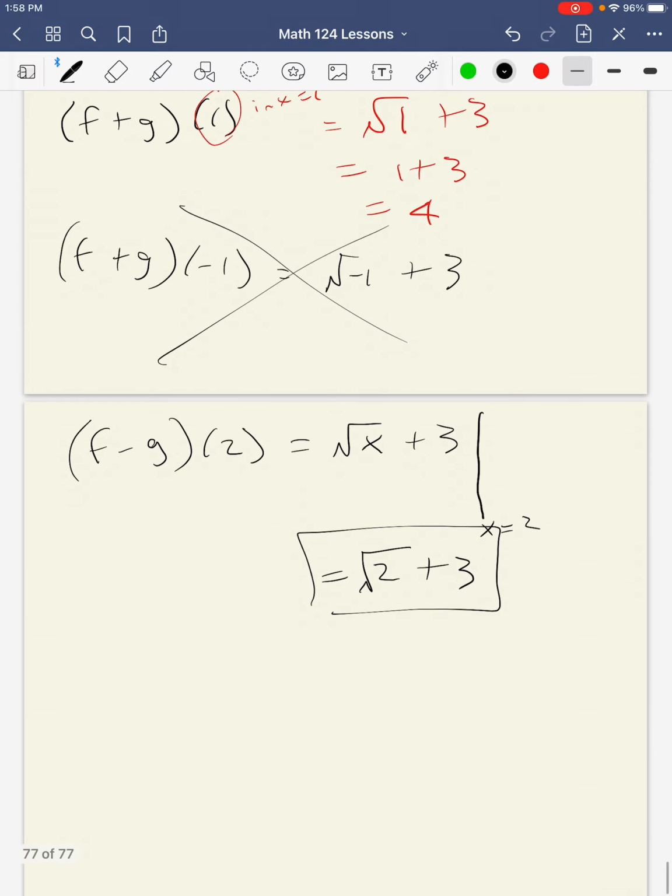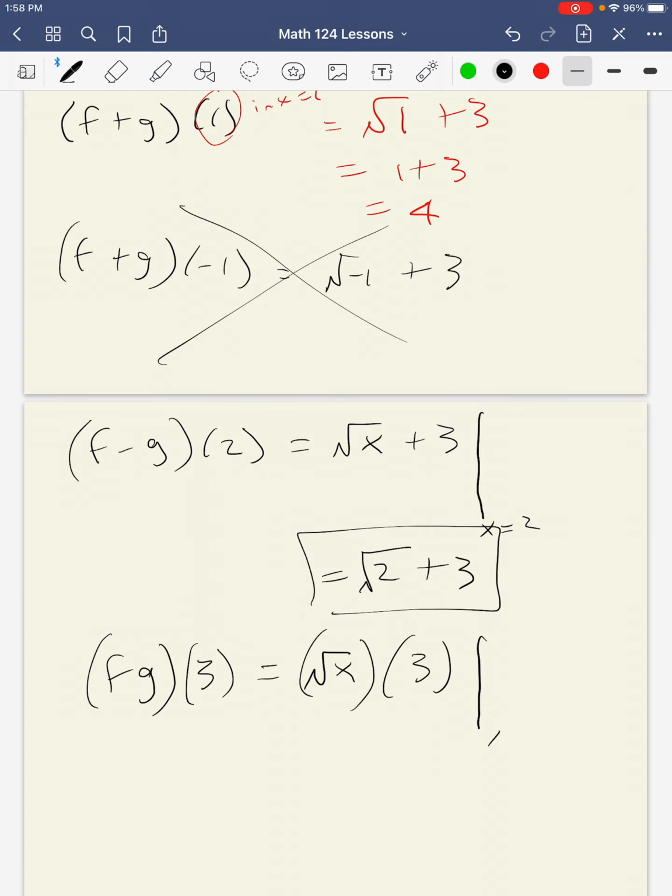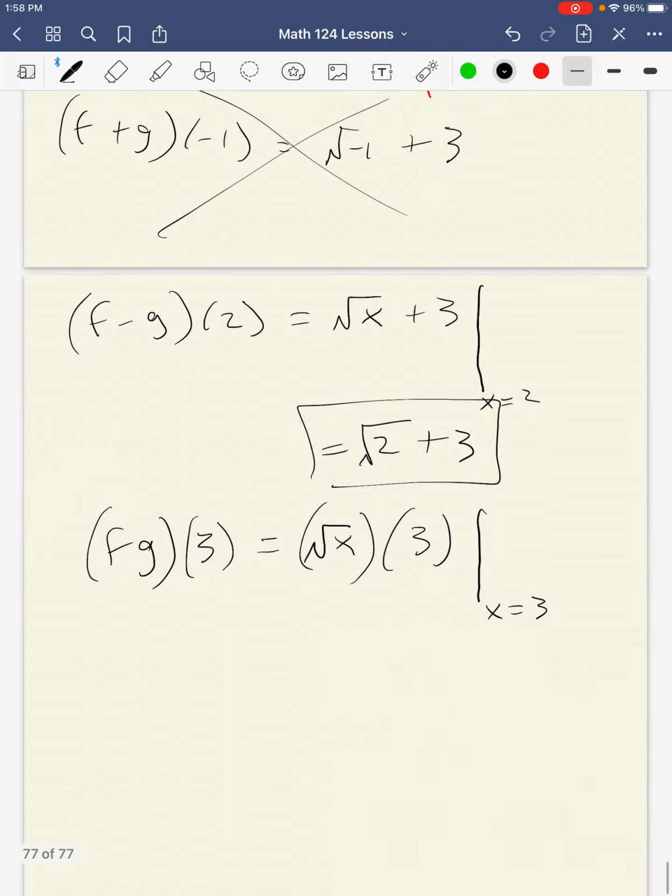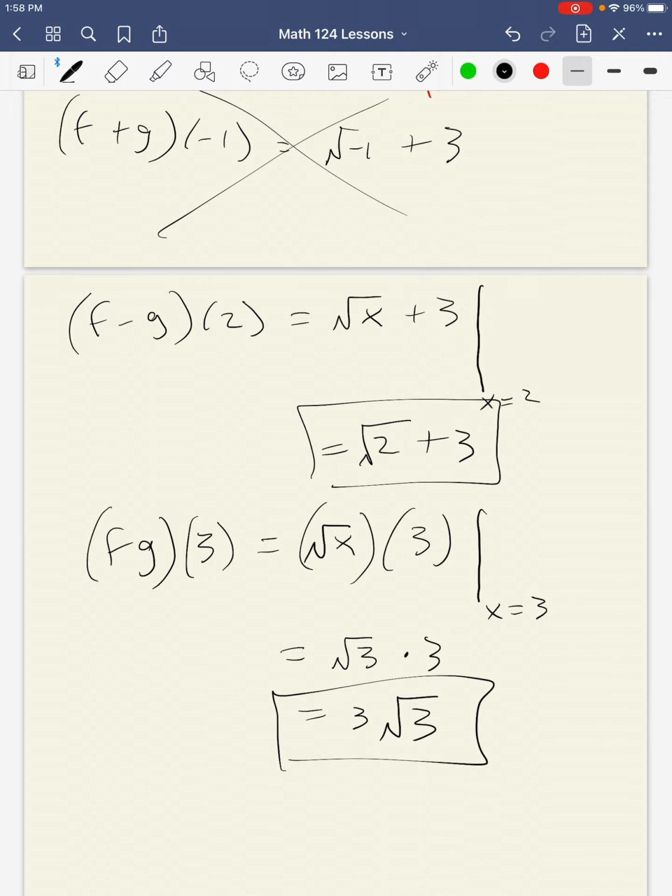Okay, lastly we have f times g of 3. f times g is this, and we're going to plug in x equals 3. So we get square root 3 times 3. It's a little more pretty to write the 3 out front. And there we have it.